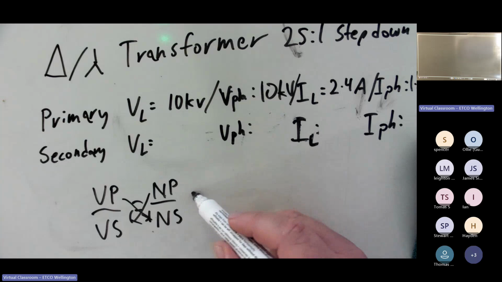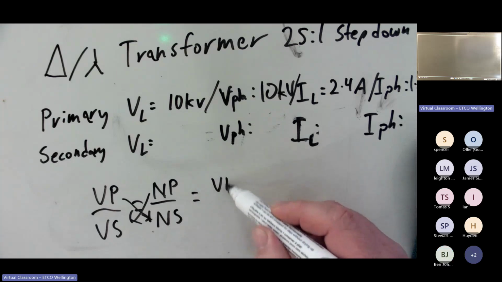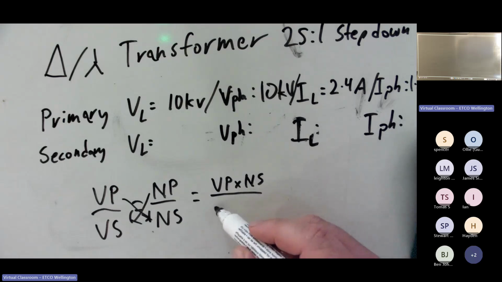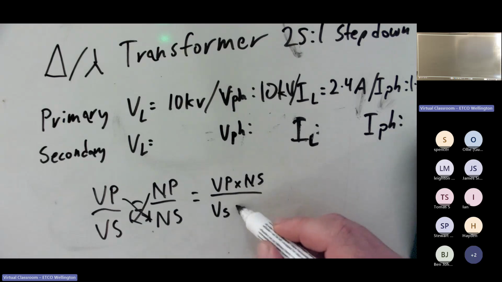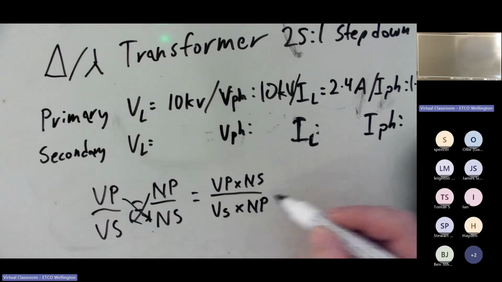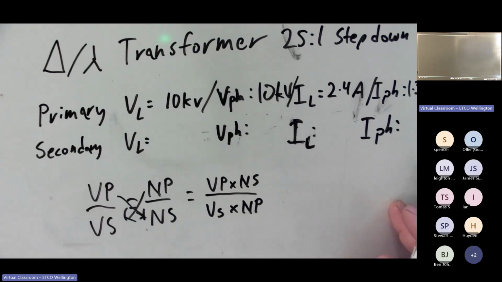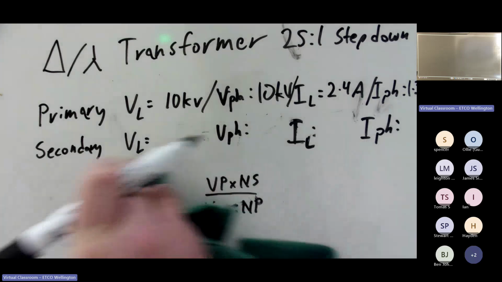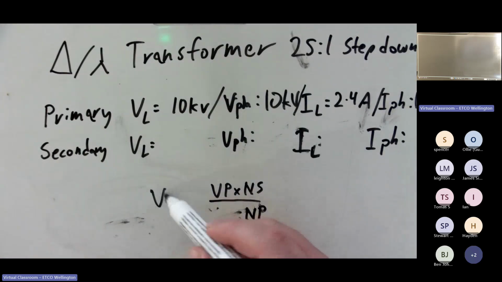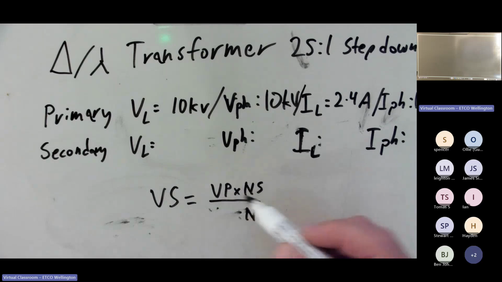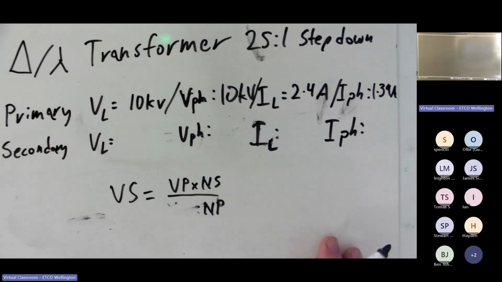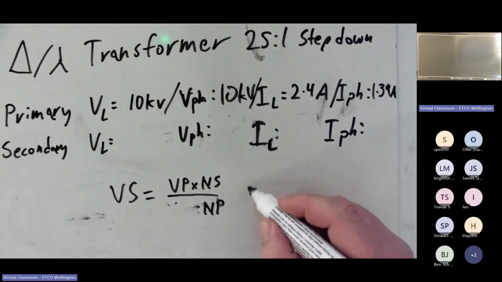So it equals voltage primary times number of turns on the secondary over voltage secondary times the number of turns on the primary. Cool. So we know that we're trying to find VS. So when we actually want to write this out, VS equals VP times NS divided by NP.